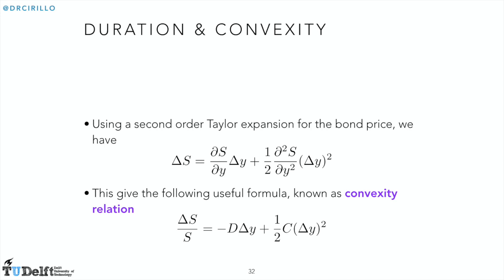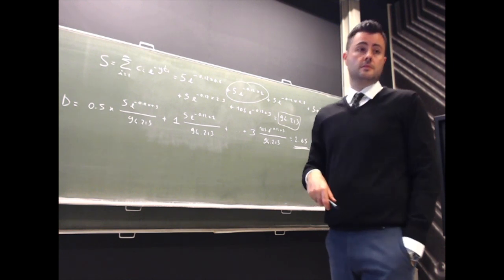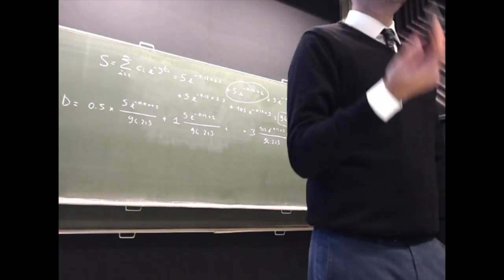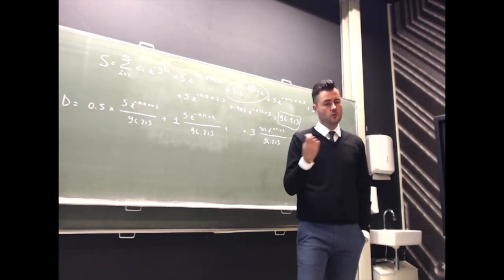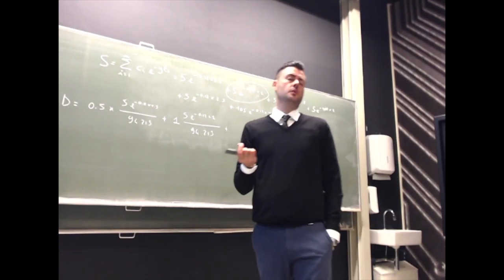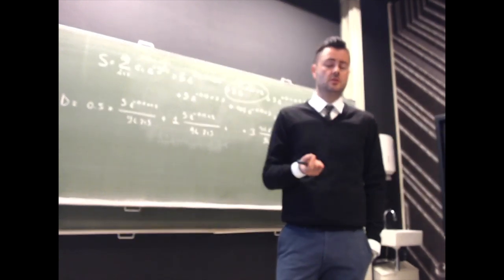Now, is it useful to use convexity? Yes, no, it depends. If the change in the yield is very small, as with delta, the linear approximation works. So the duration approximation is more than sufficient.